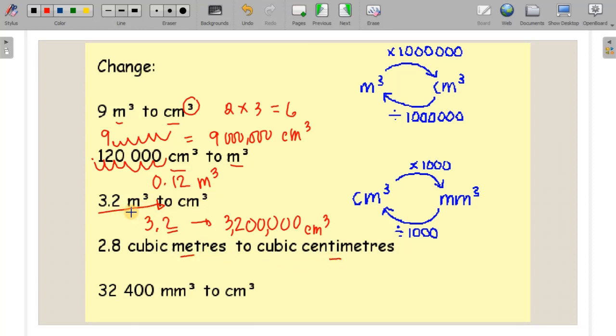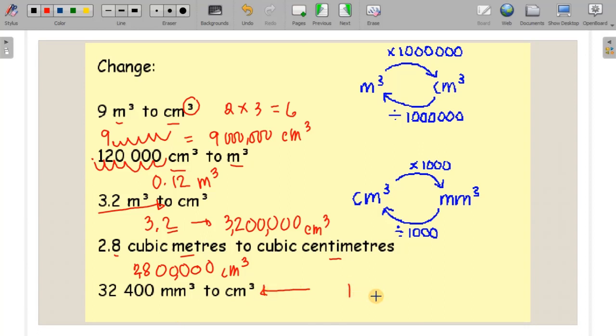Now this is meter to centimeter. It's the same also. Here in words, here in symbol. To the right, 6 steps also, but you already have 8, so how many more? 5 steps, or 5 zeros. So 2, 8, 1, 2, 3, 4, 5. So the final answer is 2,800,000 centimeter cube. Now mm to cm, how many steps? Of course, only one step, going to the left.